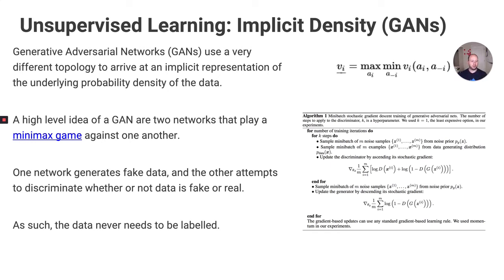It is also penalized when it incorrectly thinks fake data is correct, which is G of z, where z is our latent space as we saw before. So you can see it's trying to maximize this, in this case maximize the likelihood of being correct.